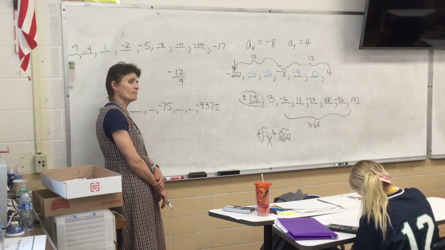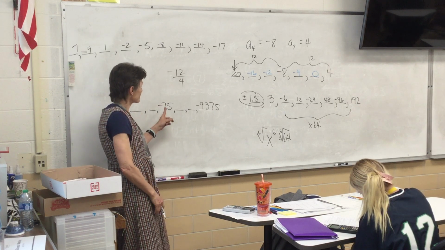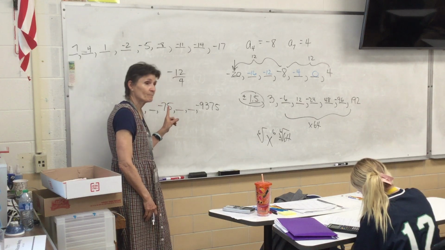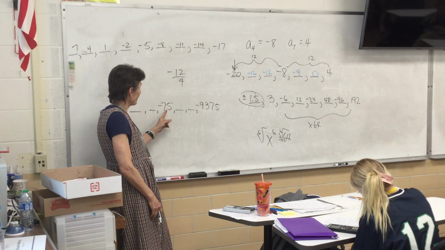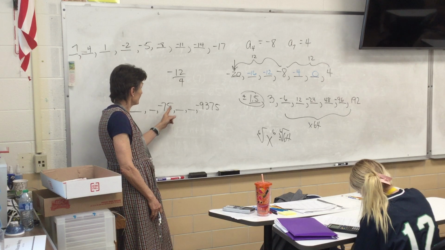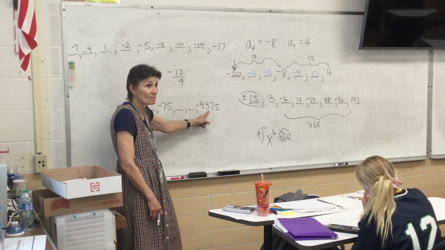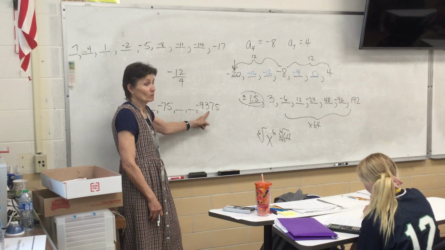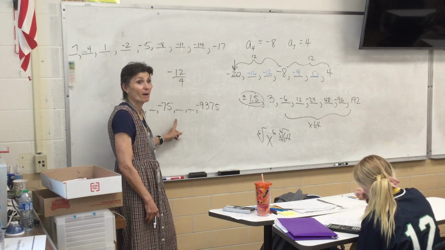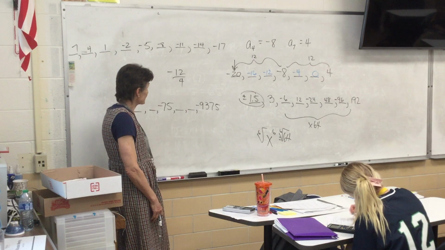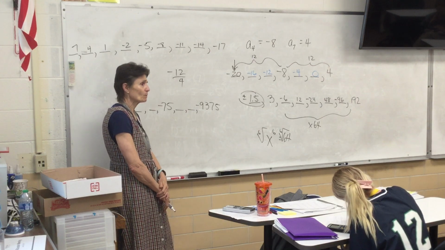I don't think this one's going to be a plus or minus because I'm multiplying, right? It's geometric. And if I multiplied by a negative, this term would be positive, this one would be negative, and that one would have to be positive. So I am not multiplying by a negative, I am multiplying by a positive number. Has anybody figured out what that positive number is?